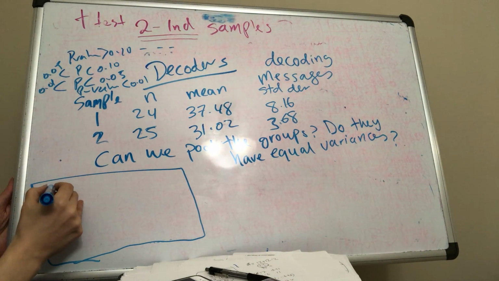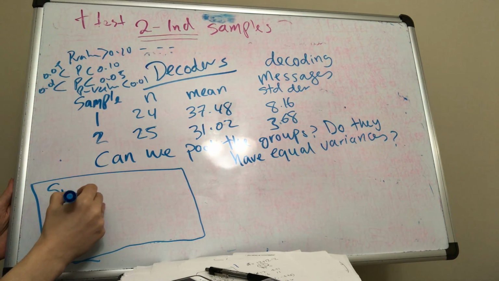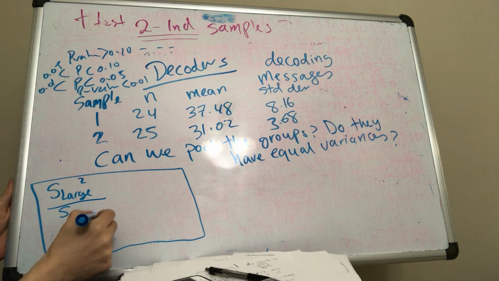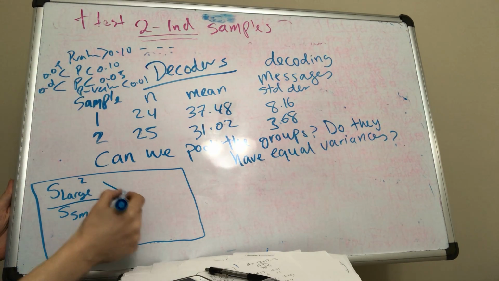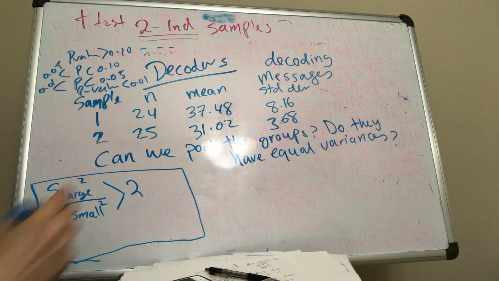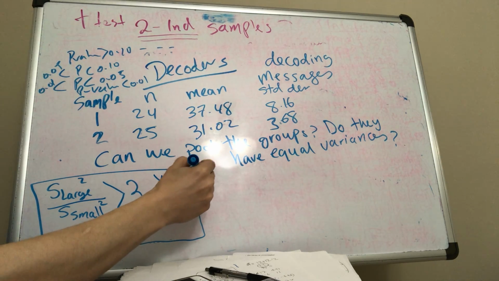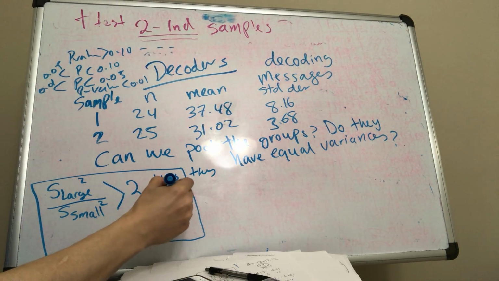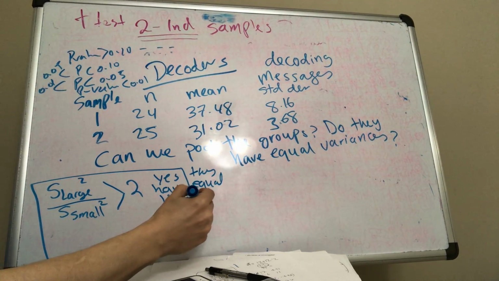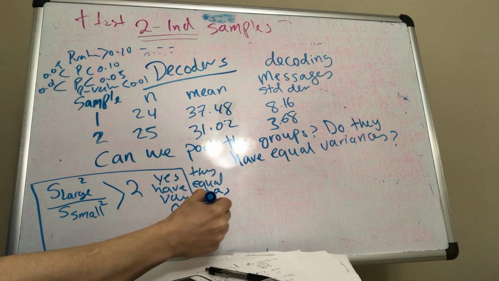The standard is you take the S large squared over S small squared, and if this happens to be more than 2, then yes, they have equal variances. Can pool.